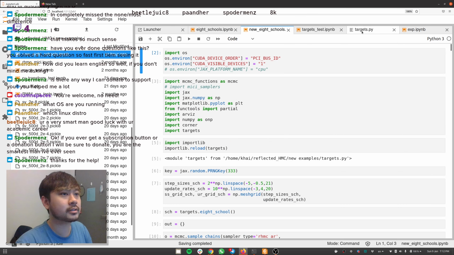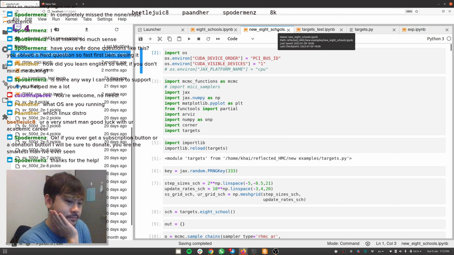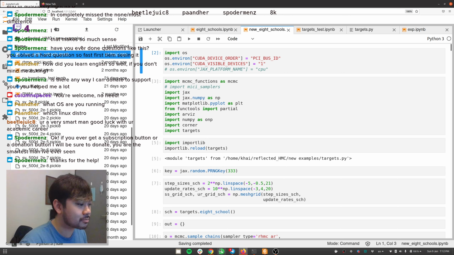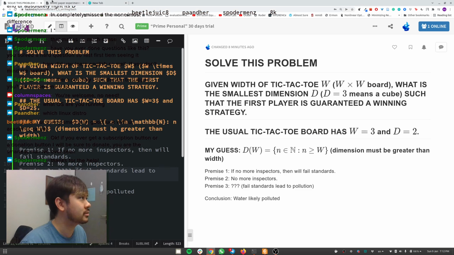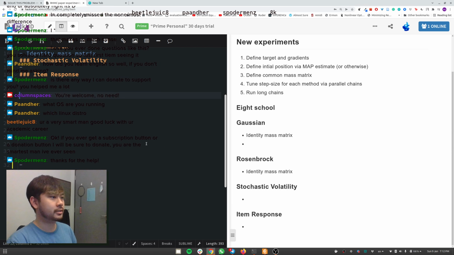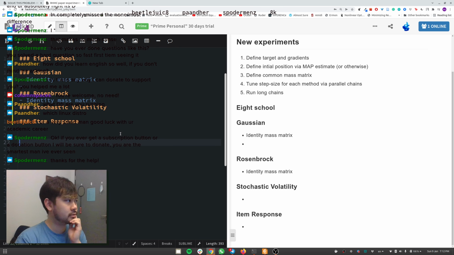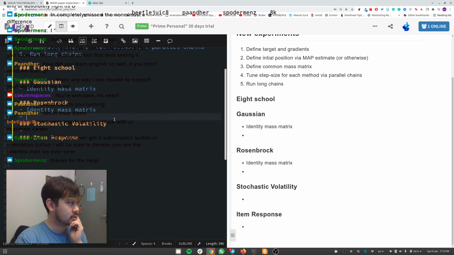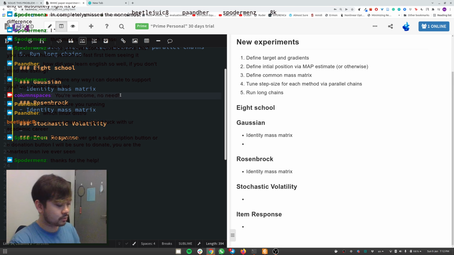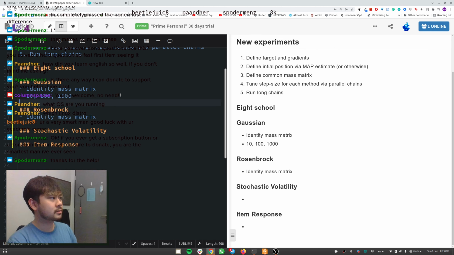Okay, let's continue. What am I doing? Oh, right. I was writing my notes. Forgot about it. So identity matrix for Rosenbrock, and for stochastic volatility, let's do... Should I do 10, 100, and 1000?